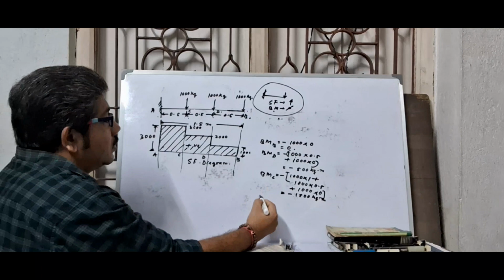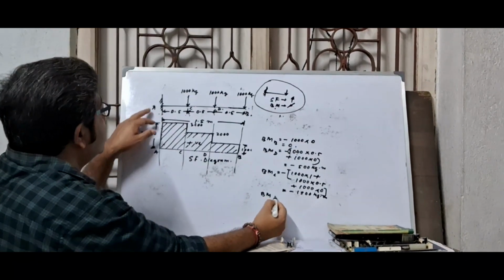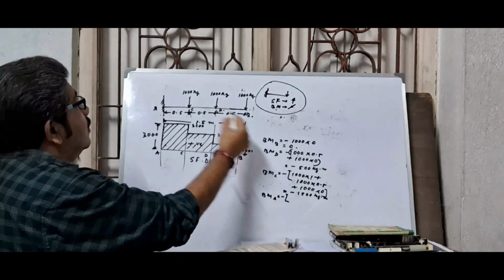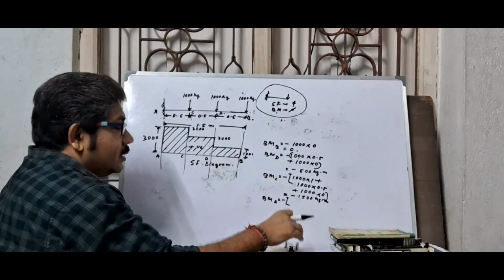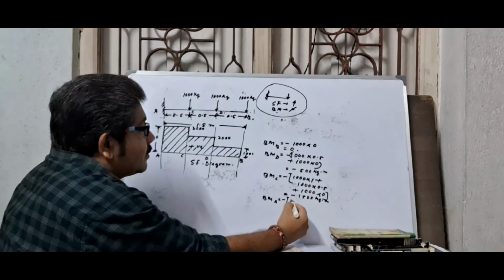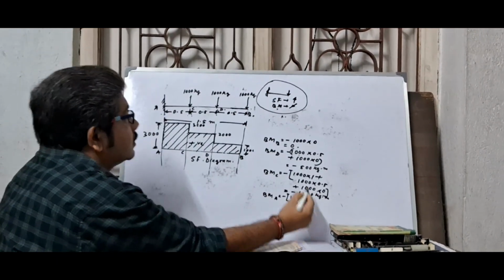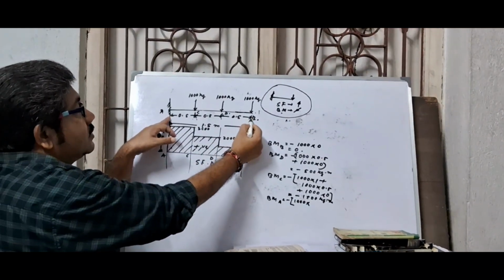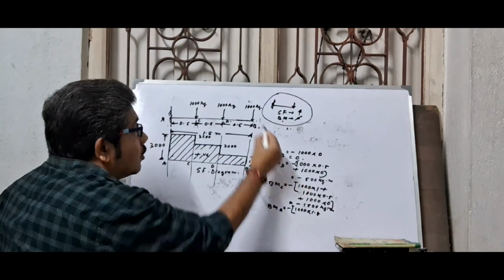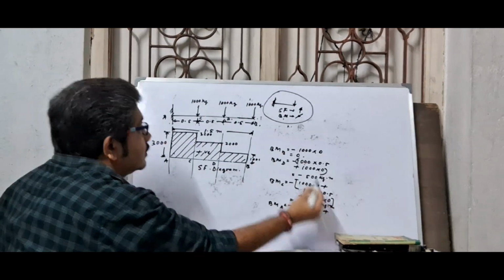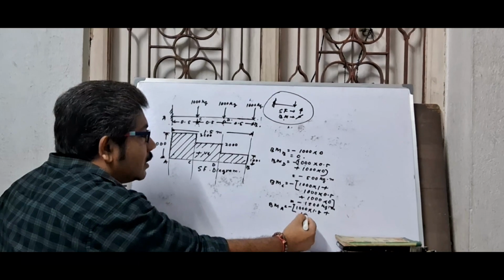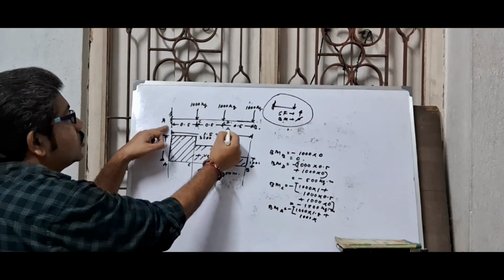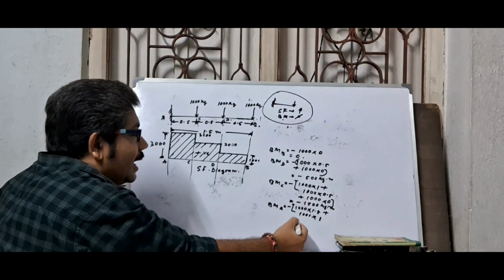Now bending moment at point A. First of all, minus. At the free end, this is 1000 acting at point B and you are taking moment at point A, so the distance is 1.5 for this load. Plus for this load of 1000 kg acting at point D, taking moment at point A, the distance is 1.